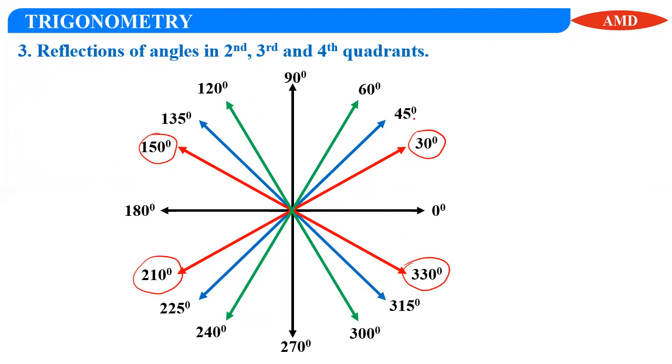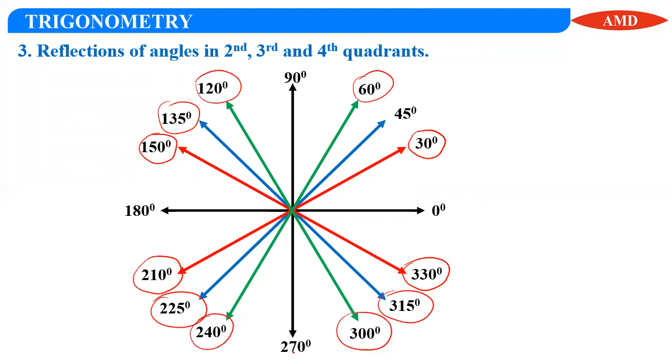Similarly, for the reflections of 45, you have to see the blue line, whose reflections are 135, 225, and 315. For the reflections of 60, you will have to see the green line, whose reflections are 120, 240, and 300. The reflection of 180 is 0, and the reflection of 270 is 90.